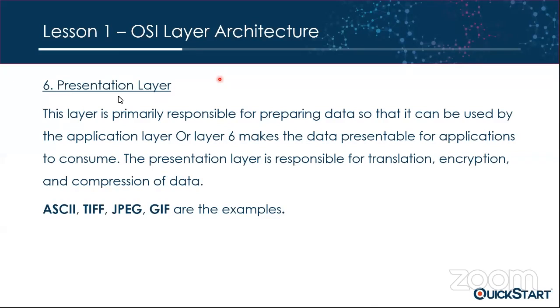So what's happening at the back end is that it is basically translating from language to language. That could be ASCII, that could be EBCDIC, all right? And it is doing encryption and decryption, right?